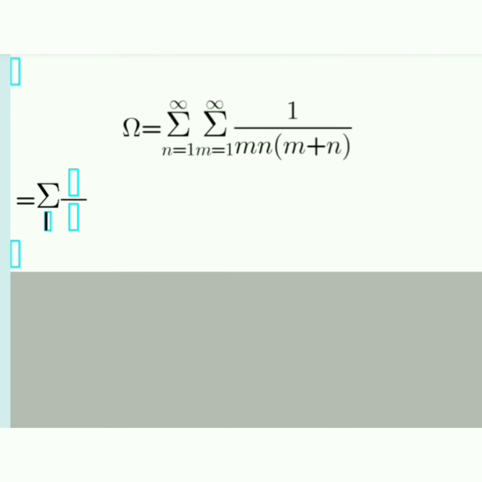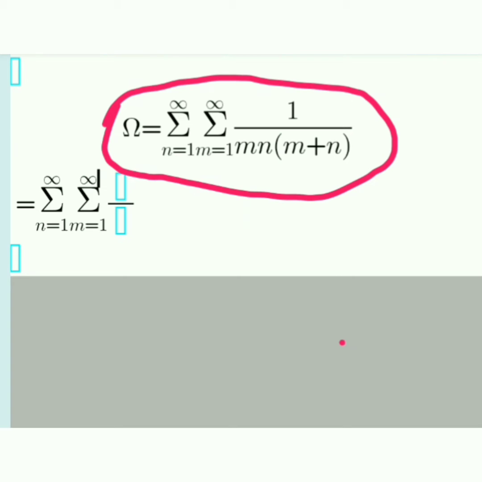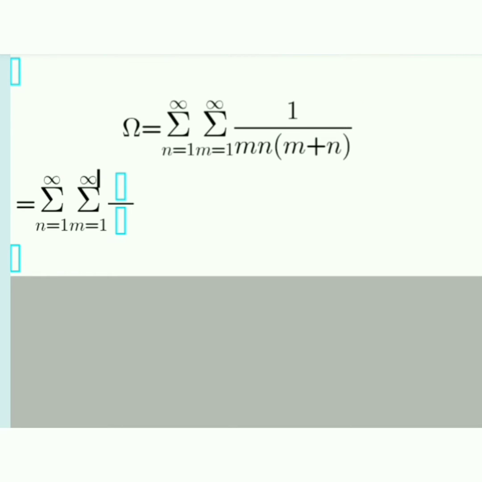We have the summation n equals 1 to infinity and m equals 1 to infinity. This is my summation. And friends, this is a very important fact: how can I write 1 by m plus n?